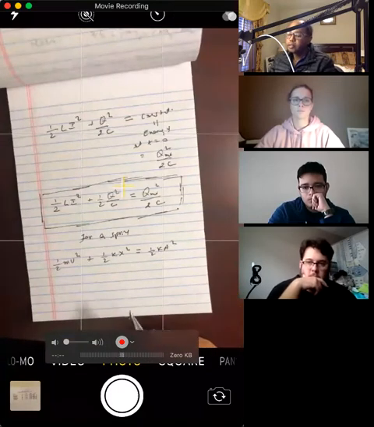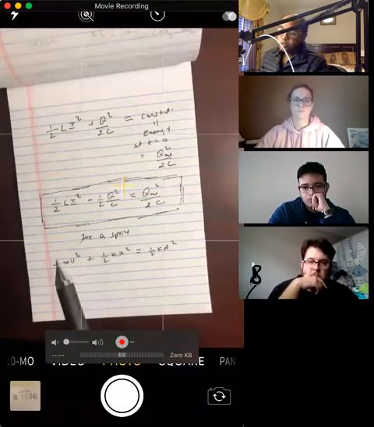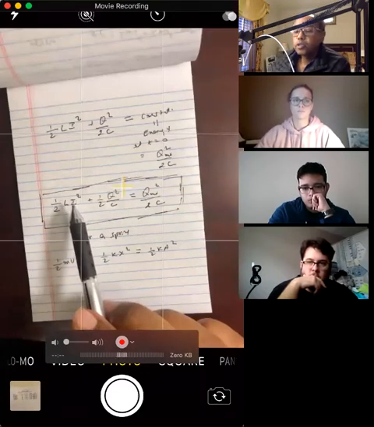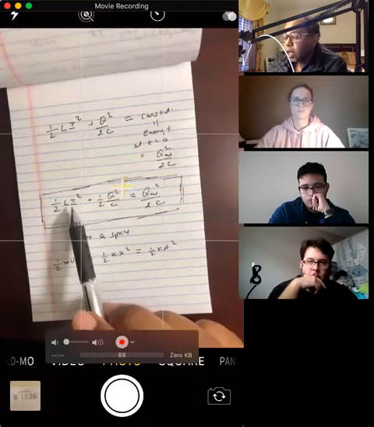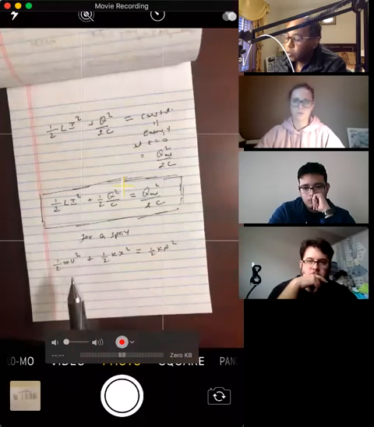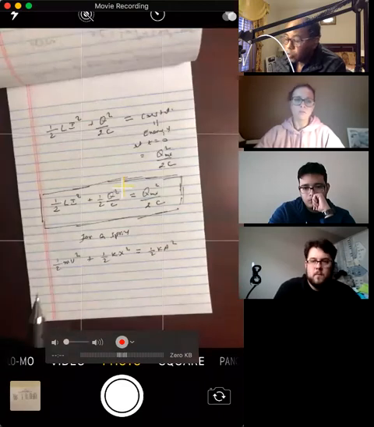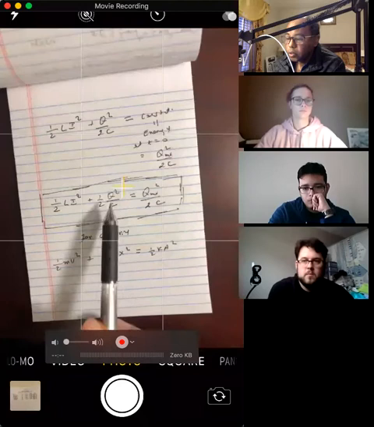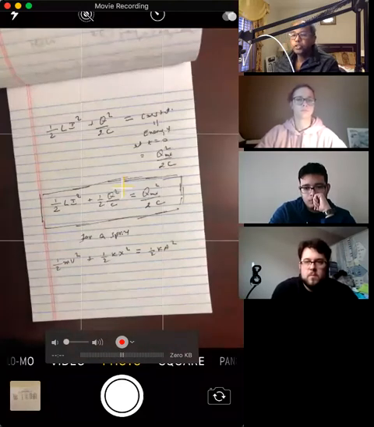This is a symmetry. For electromagnetic energy, the magnetic field energy is the equivalent of kinetic energy, because this is current, and current is motion of charge. So this corresponds to kinetic energy, and this corresponds to potential energy.